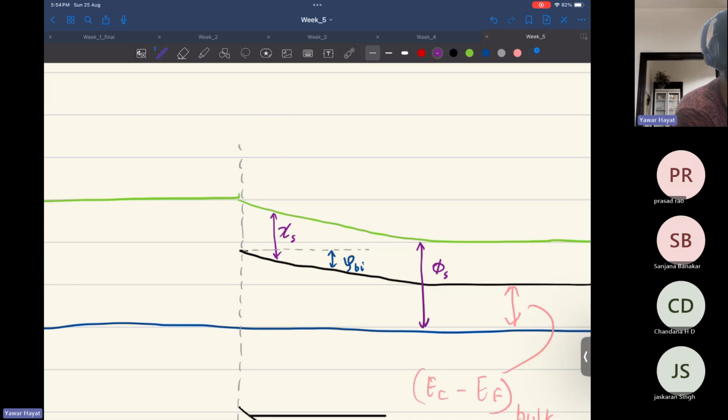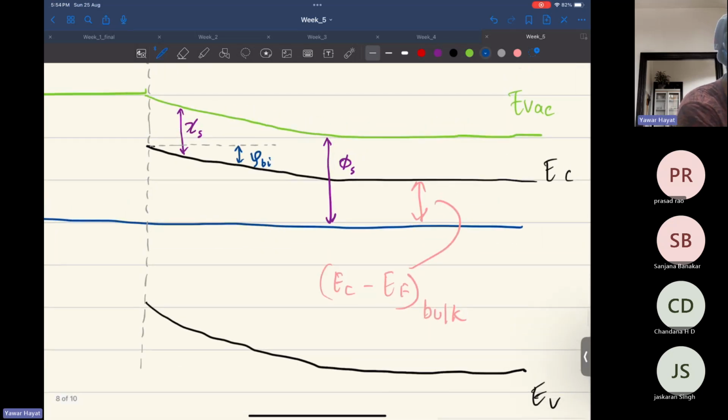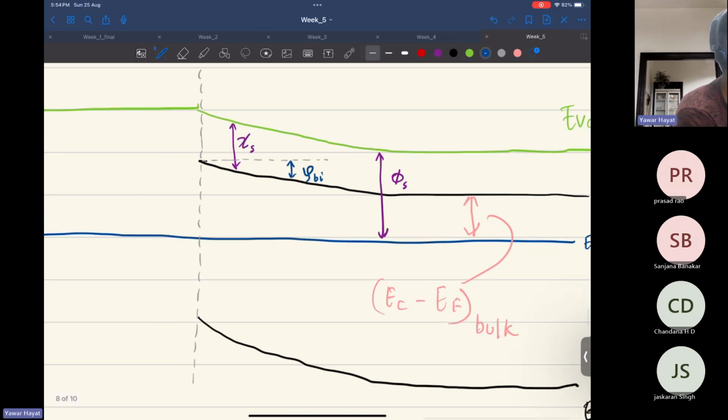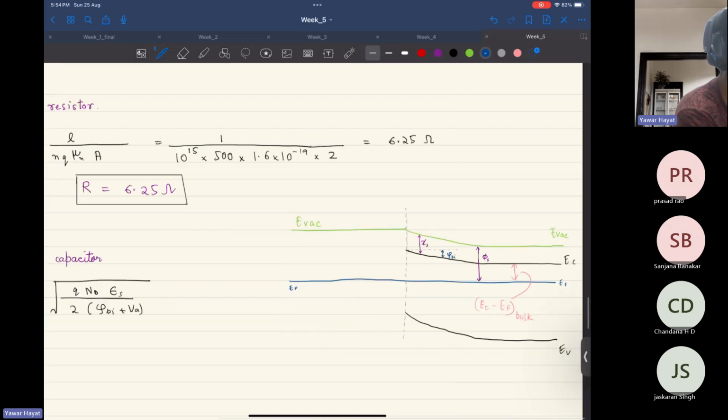This is your EF, and this was your EF on the metal side.